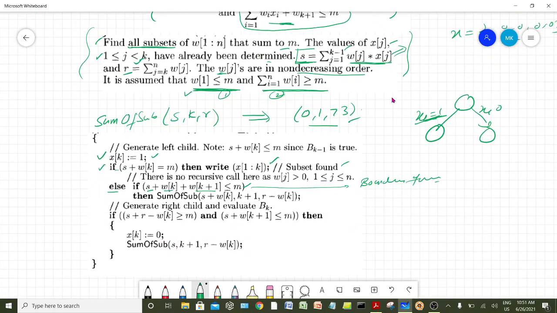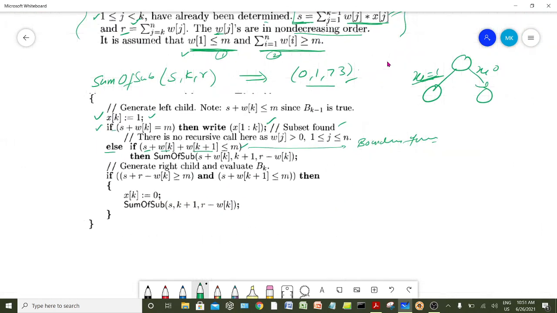If this is true, then we need to call SumOfSubset with these as arguments, meaning we need to go further to the next element to check its inclusion or exclusion.